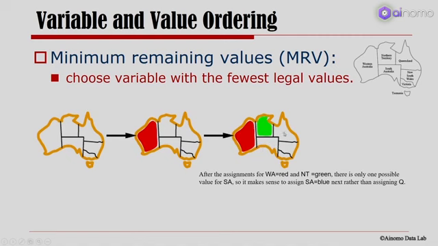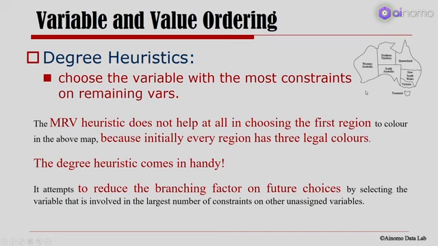The minimum remaining value heuristic does not help at all in choosing what would be the first region to color in our map coloring problem, because all of these 7 variables, when we start, can be colored in any one of red, blue or green.